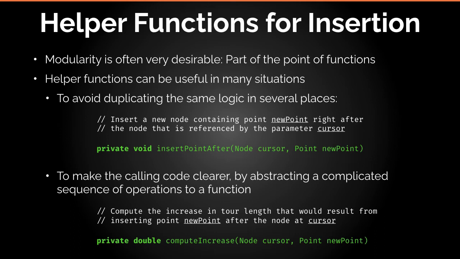So for every point, you have to compute that smallest increase. Given a point that already exists in the tour and the point that you want to insert, you want to compute what the increase would be of inserting it there. And you want to do that for all of the points before you decide where you want to insert your point. So that operation, it's convenient to do it in a helper method because it's going to make your code for the insertion of smallest increase a lot less complicated.